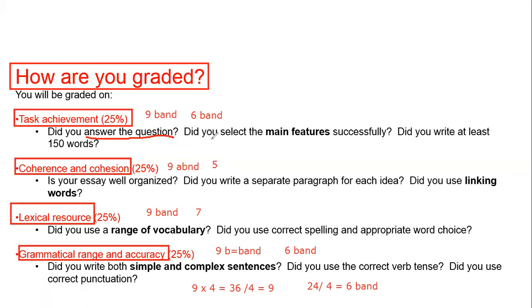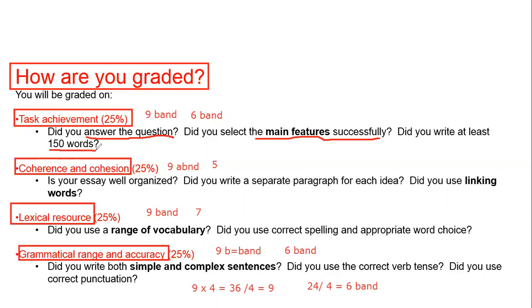Then after this, we have: did you successfully select the main features? What I mean by main features is, if you've been given a graph, have you selected the main theme or the main keywords there or not? Once we start talking about graphs, I will let you know how to select main features, clear. And the third one: did you write at least 150 words?